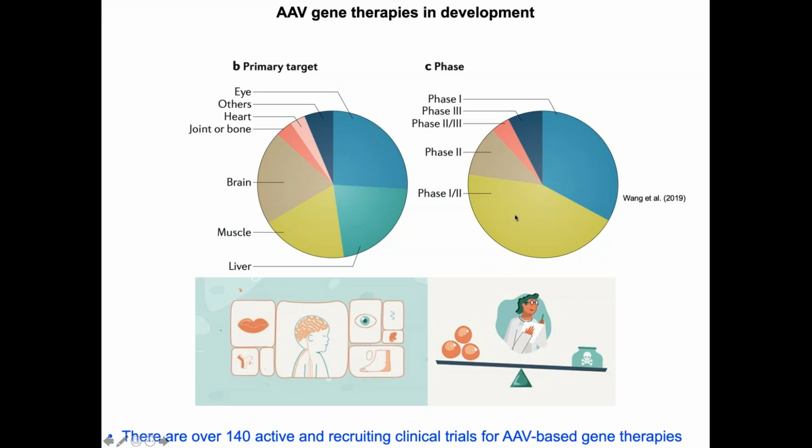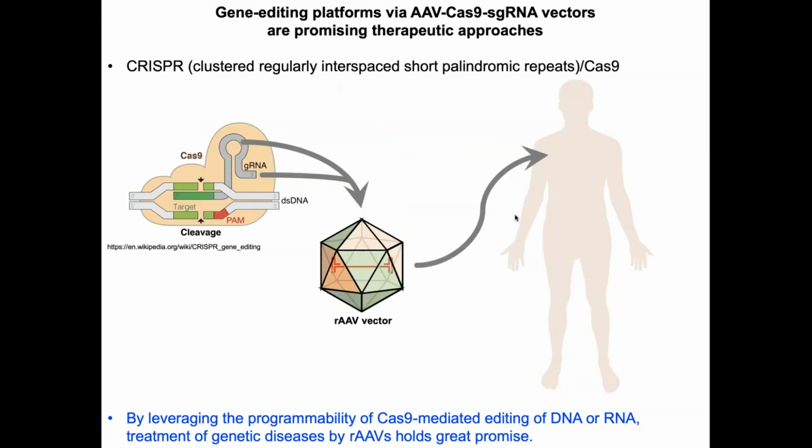And one of the reasons why these clinical trials are really critical is that we need to establish whether these platforms are truly safe and efficacious. In recent years, there's been a lot of promise for gene editing platforms, and the leading platforms are based on CRISPR-Cas9 methodologies, whereby the expression of a nuclease or Cas protein that can home into specific regions of the genome by a guide RNA can then create double-strand DNA breaks in order to promote gene editing events.